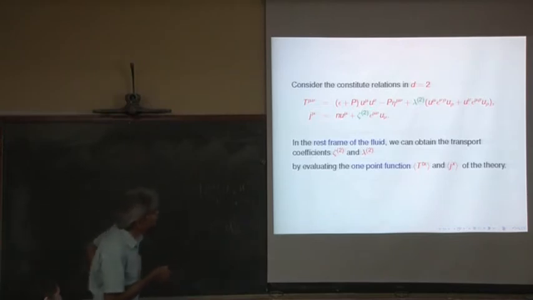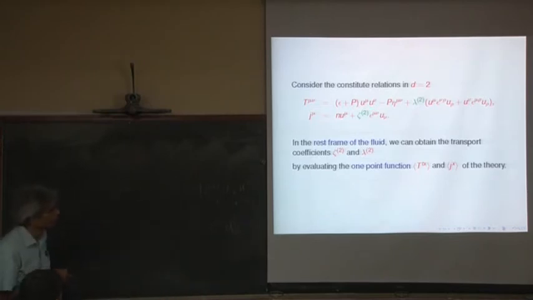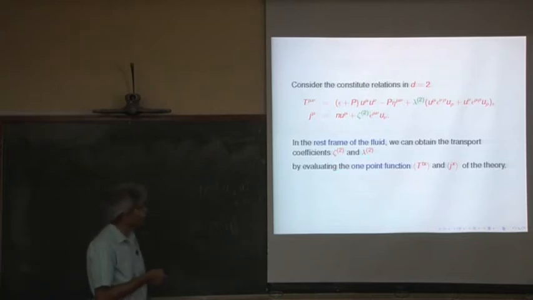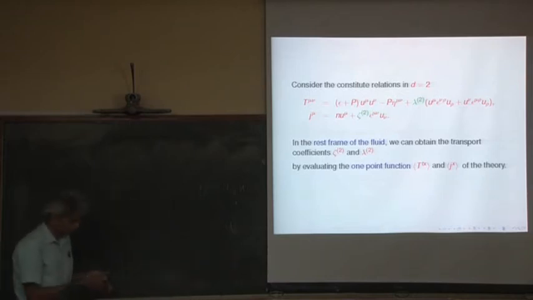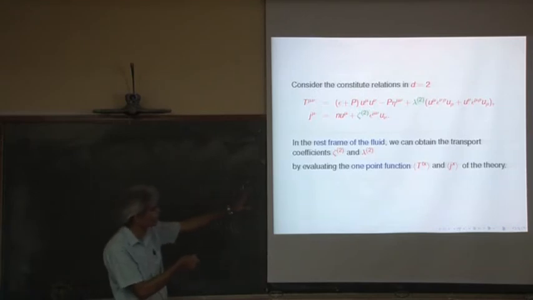So consider the constitutive relations again. They occur at 0th order. One simple way to obtain this is, of course, to go to the rest frame of this fluid, so the velocity is (1, 0). You go to the rest frame and just evaluate the expectation value of the stress tensor in that particular frame.